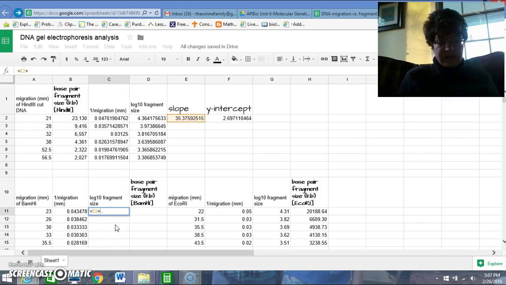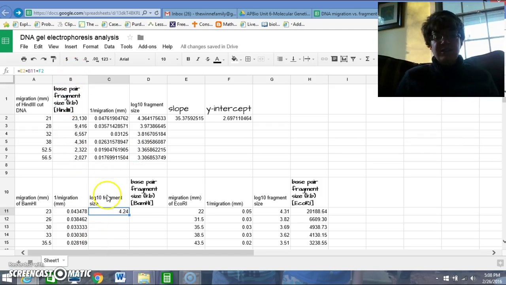So here's times x, which is 1 over migration, and then plus the y-intercept. And so this is my log 10 fragment size of this band in my gel electrophoresis, or really of that fragment of DNA that happened to be in that first band.